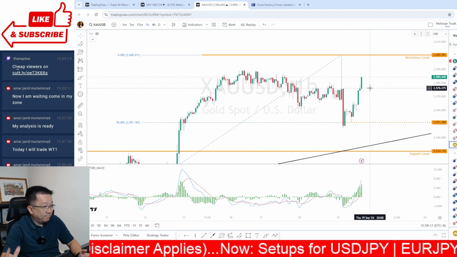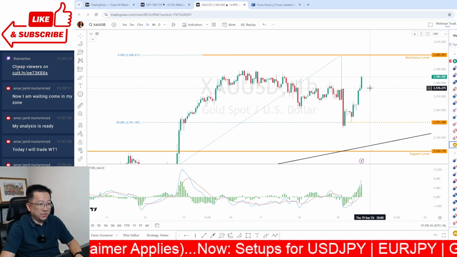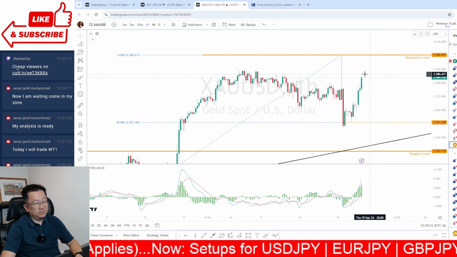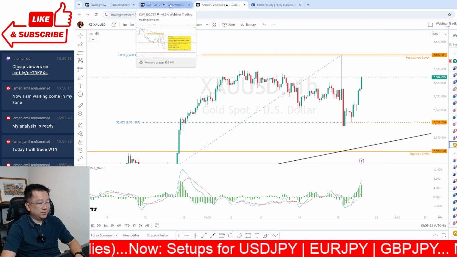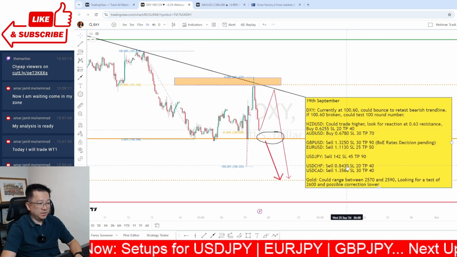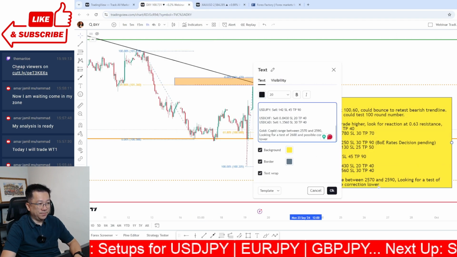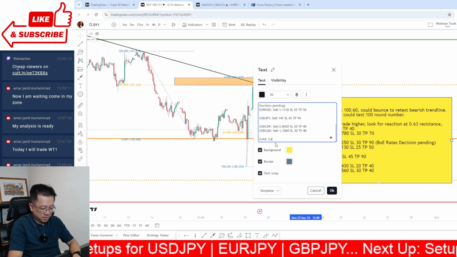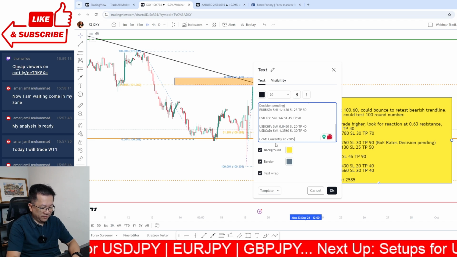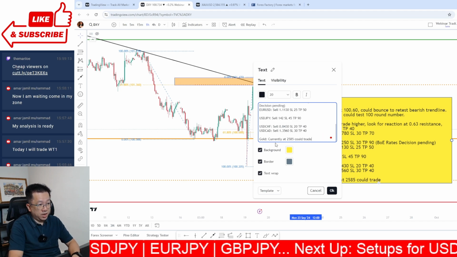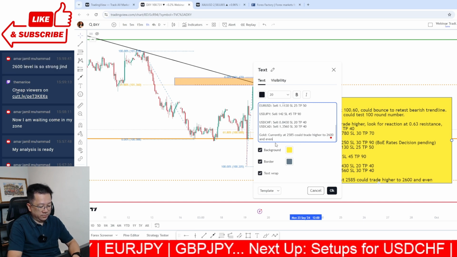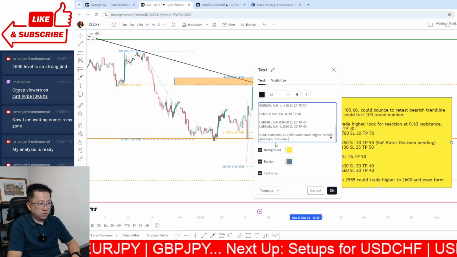I think gold currently at 2584 could retest 2600. Maybe even break and get to another all-time high. Right? So gold currently at 2585, 84 point something, 85, could trade higher to 2600 and even form new all-time high.